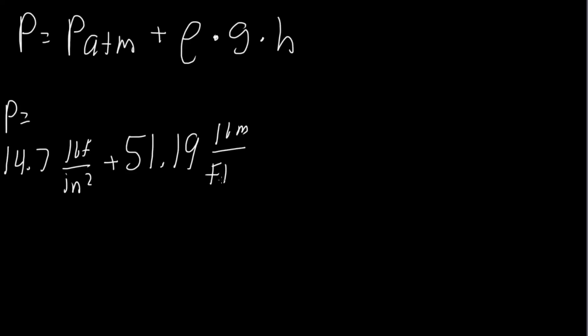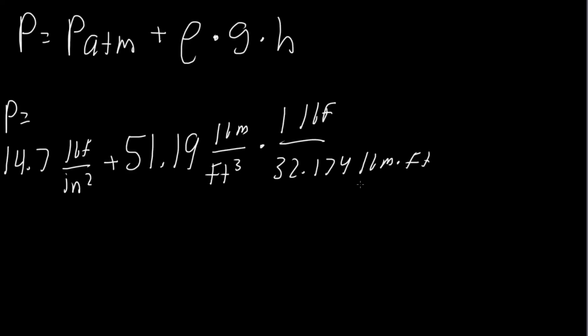over feet cubed. Now in this problem, units are very important. So I'm going to want to convert pound mass into pound force. And I can do that if I say 1 pound force over 32.174 pound mass times feet divided by seconds squared.